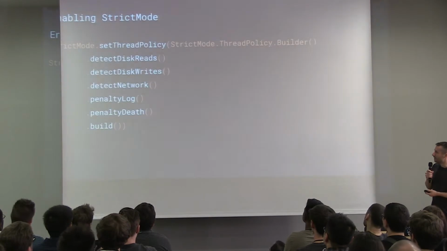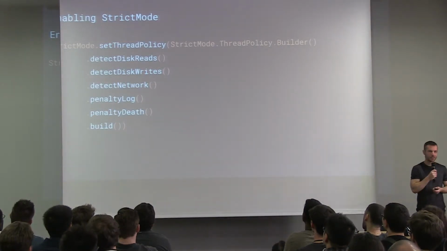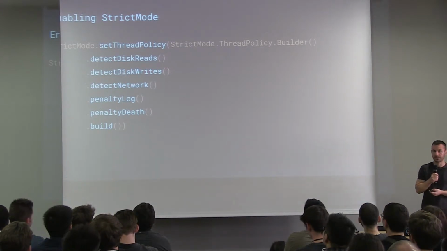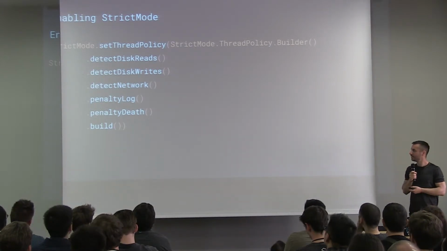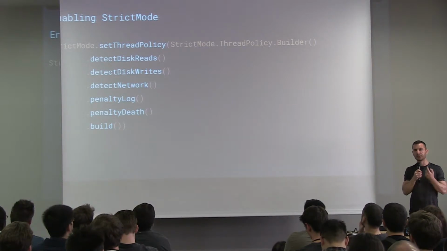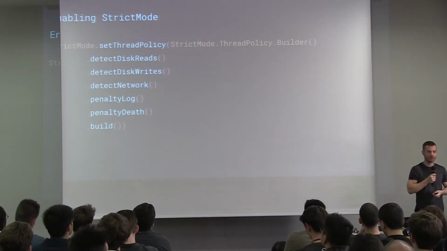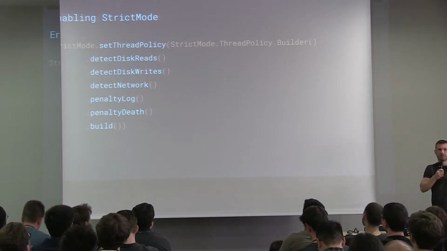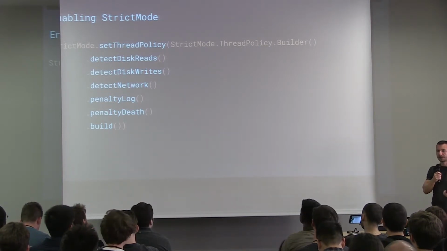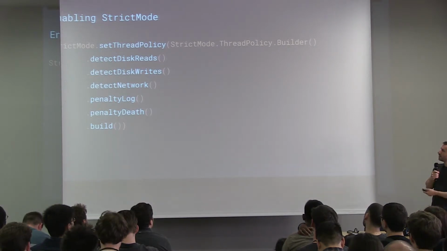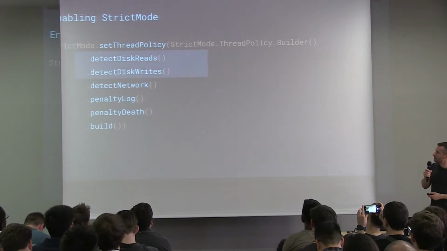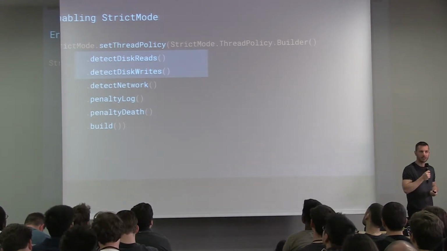So how can we deal with that? The answer is strict mode. Strict mode is an API that has existed on Android for a long time. Basically, you use it in your debug builds when you're developing, when you're testing your apps locally. You enable it, let's say in your application onCreate or activity onCreate, on your main thread. You set this thread policy, and you tell it, I want to detect disk reads and disk writes.